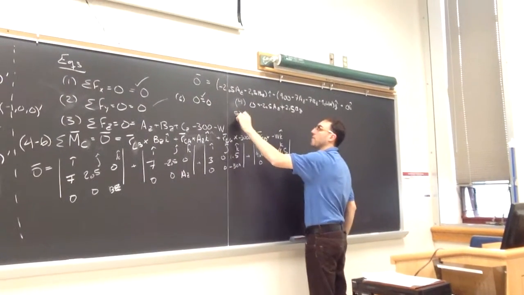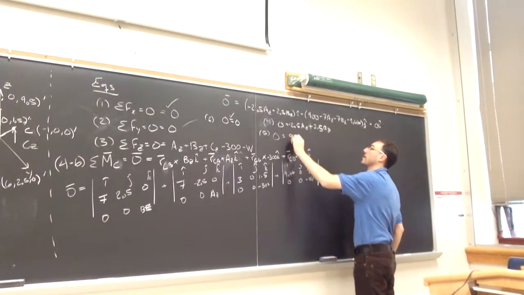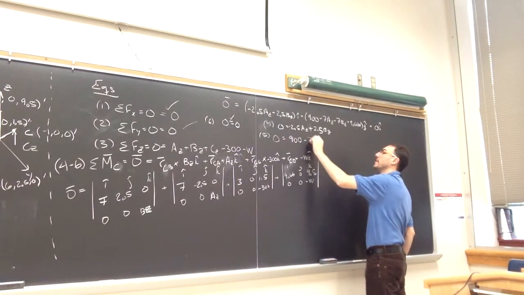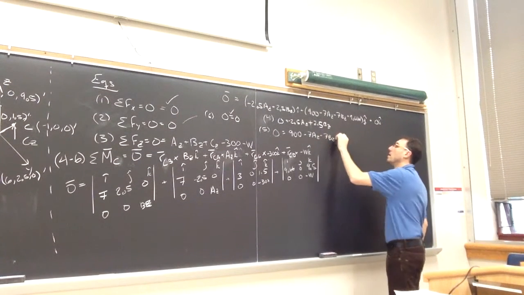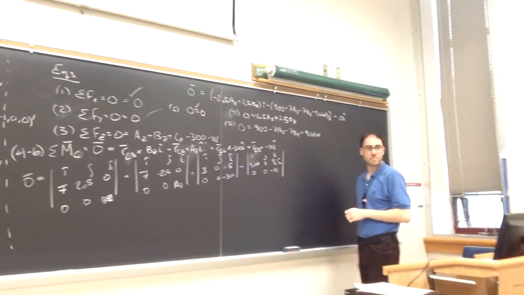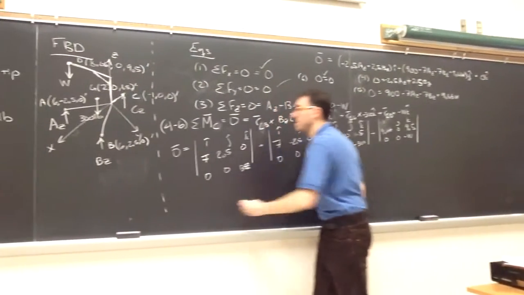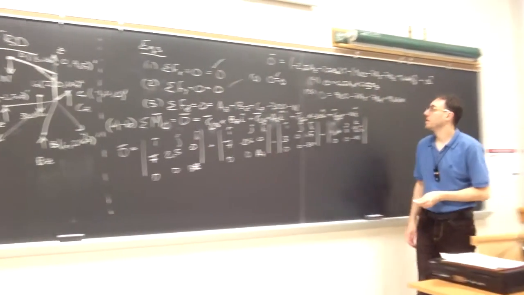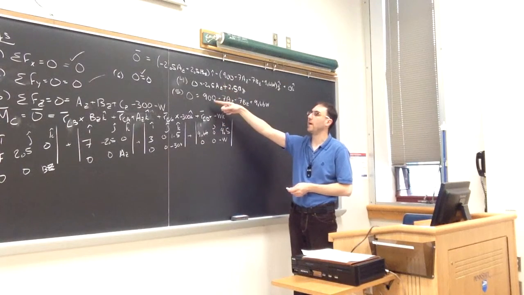And my equation 5, the J coefficient, 0 is 900 minus 7 AZ minus 7 BZ plus 9.66 W. Equation 3 is going to be helpful, equation 4 is helpful, and 5 is helpful.